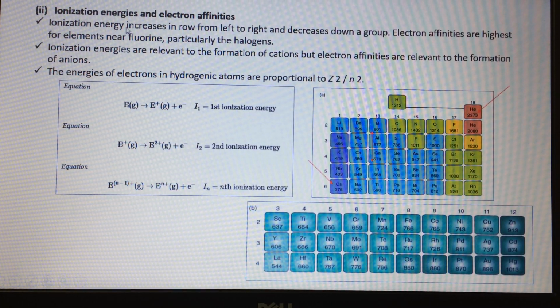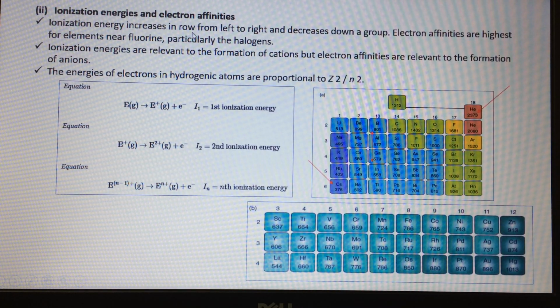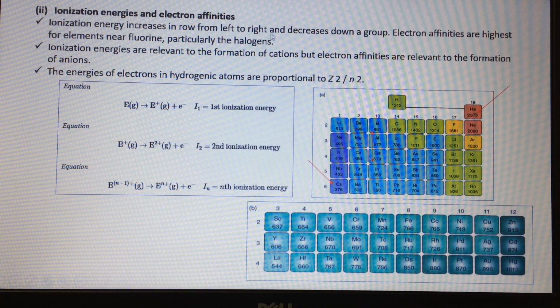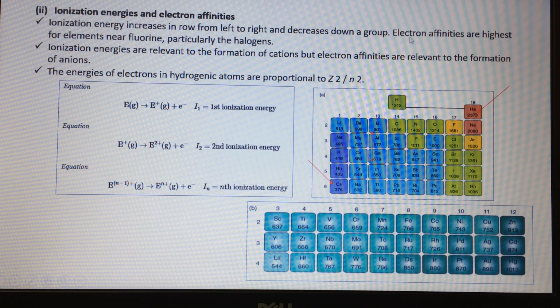If you see the trends, ionization energy increases across a row from left to right and decreases down a group. Electron affinity is highest for elements near fluorine.